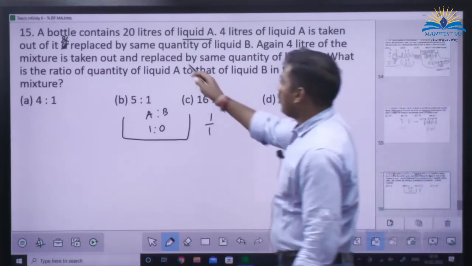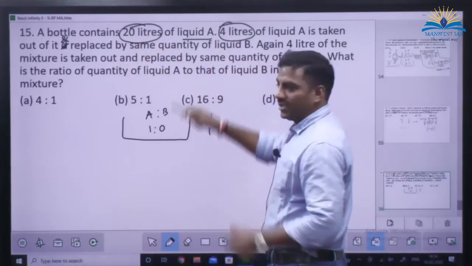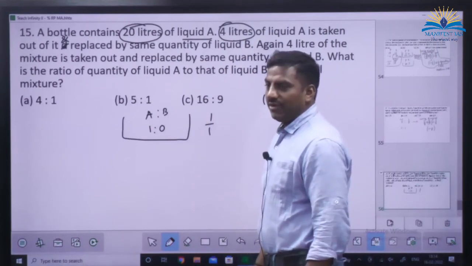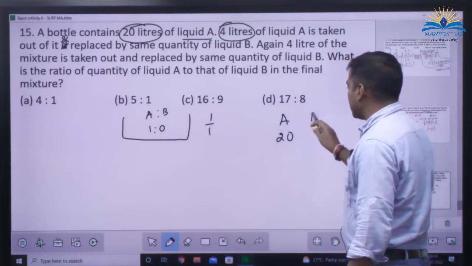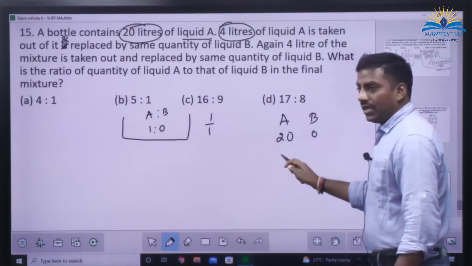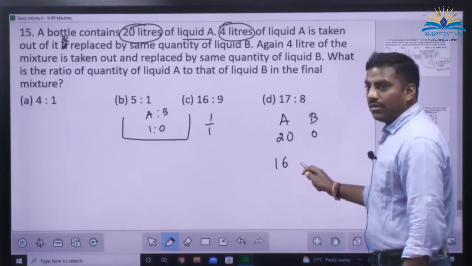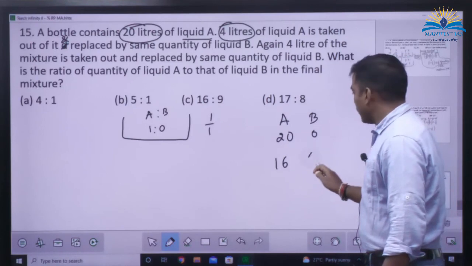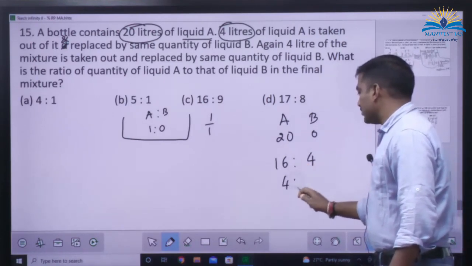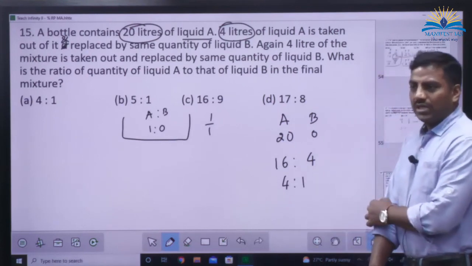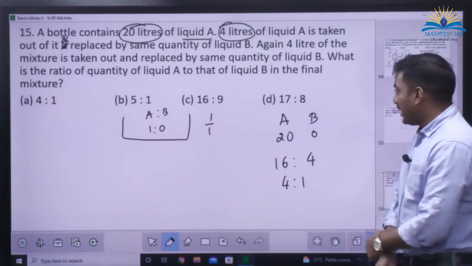See, out of 20 liters, how much you are taking out? 4 liters. So let's say A is 20 liters and B is 0 liters. You are taking 4 liters of A, it will become 16, and you are putting 4 liters of B. Now, this is 4 is to 1.